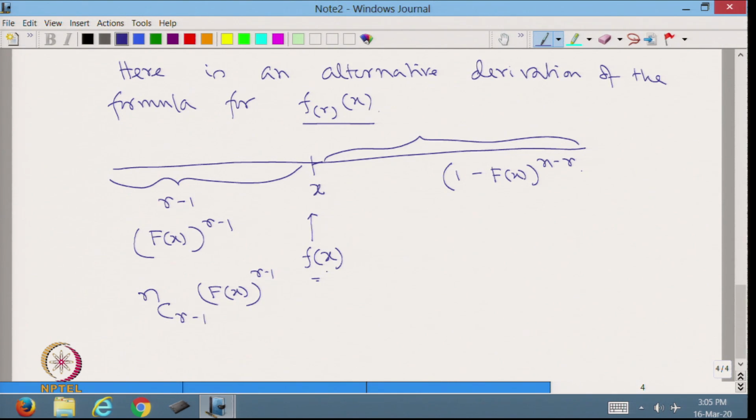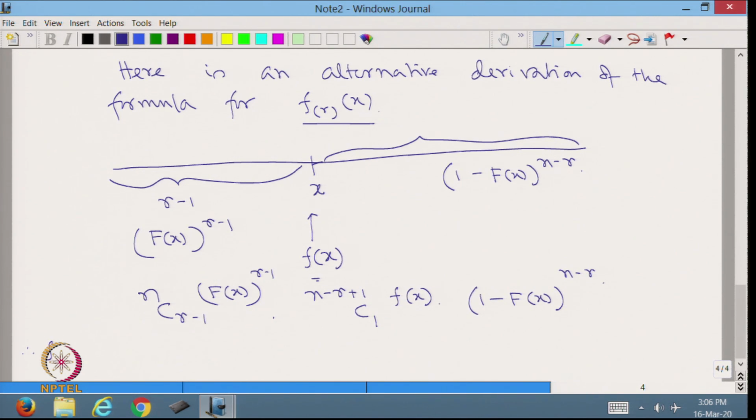This one has to be chosen from the remaining n minus r plus 1, and that can be done in (n minus r plus 1)C1 ways, that multiplied by f(x), and remaining all of them are going there. So, that will be 1 minus F(x) whole to the power n minus r.